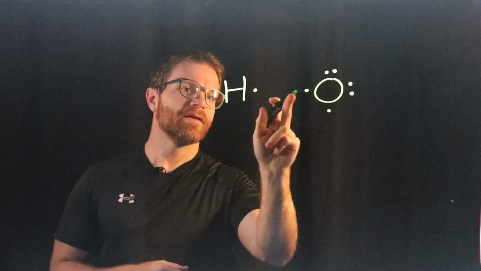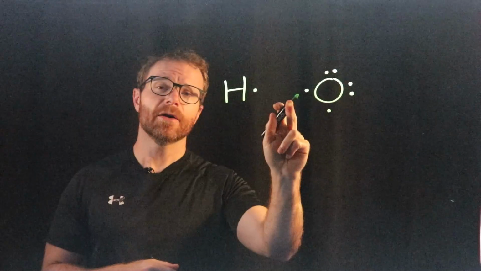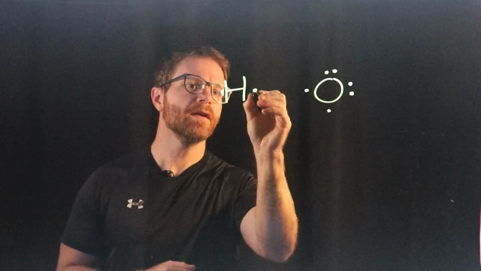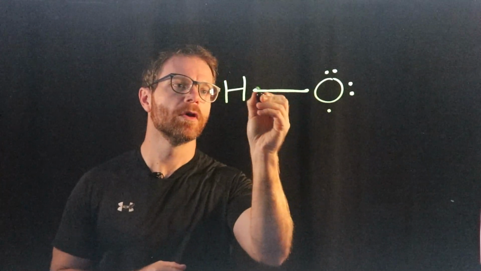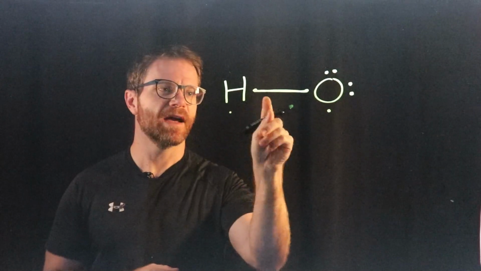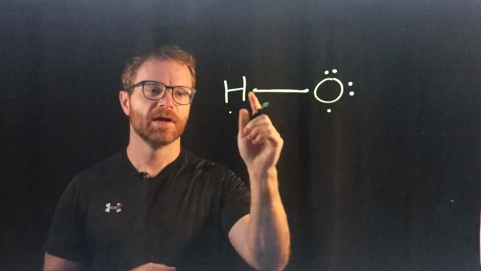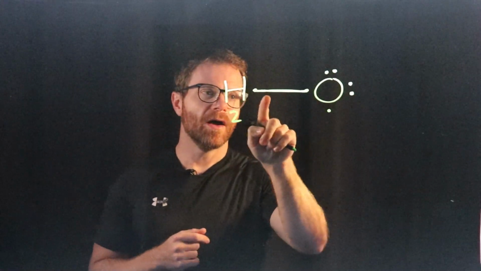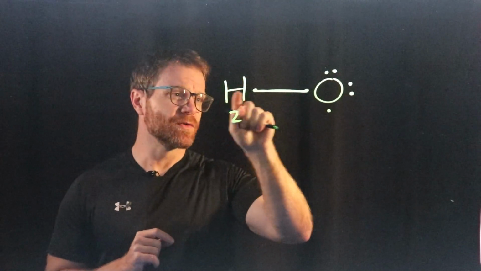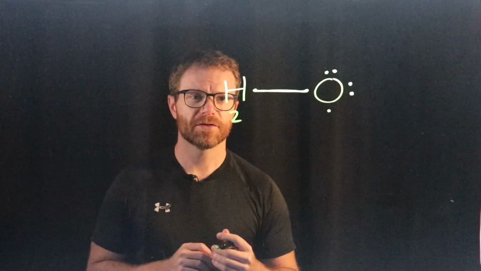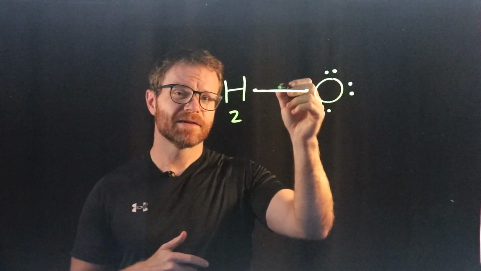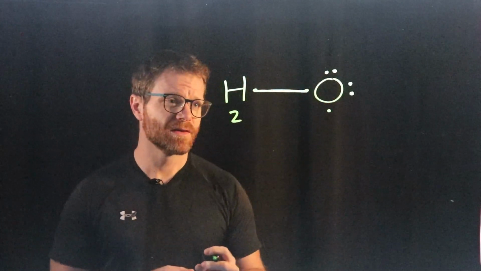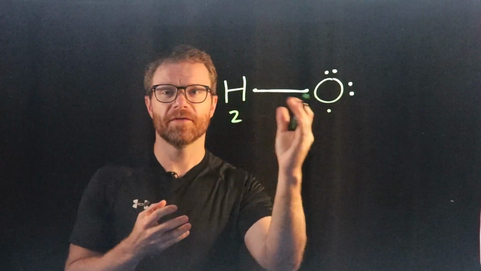So if we have each of these elements share, this hydrogen now has access to how many electrons? If you said 2, that's correct. Remember, these 2 electrons are being shared, and so we draw a line to represent those 2 electrons. That means hydrogen has access to those 2, but so does oxygen. So that counts as 2 electrons for both of them.